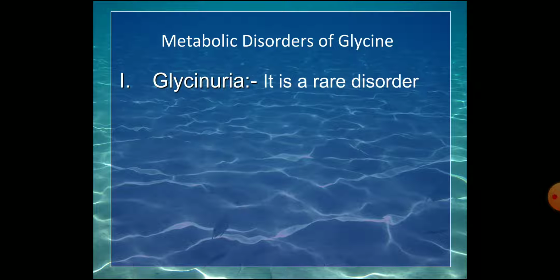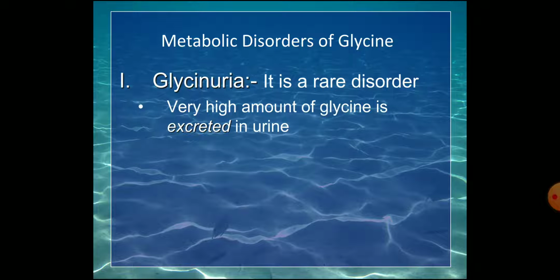Now, two or three important disorders are associated with glycine metabolism. Just to know the names of the metabolic disorders of glycine. One is glycinuria. It is a rare disorder. Very high amount of glycine is excreted in urine. From the name itself, you can get that there is more excretion of glycine in the urine.